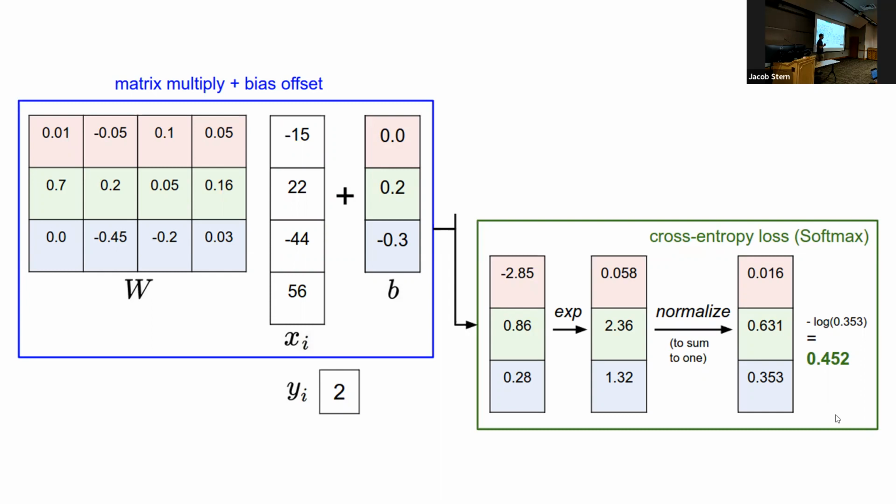I was talking about this with Ben the other day. Remember when we saw those mean images, like the mean image of the horse, and it had a horse facing one way and a horse facing another way. That image is what would be in this row of W, except it would just be stretched out. So for me, it's a helpful way to think of it: the rows of W are prototype vectors for the particular classes.